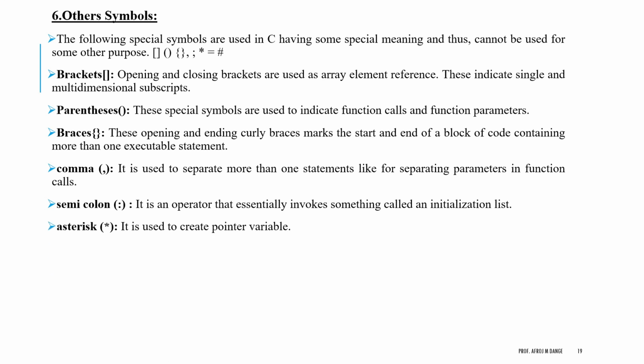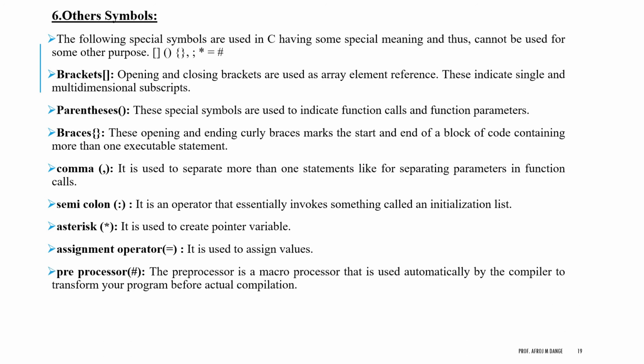Asterisk, that is star, is used to create a pointer variable. Assignment operator, used to assign a value, is represented by equal. Preprocessor, that is hash. The preprocessor is used automatically by the compiler to transform your program before actual compilation.